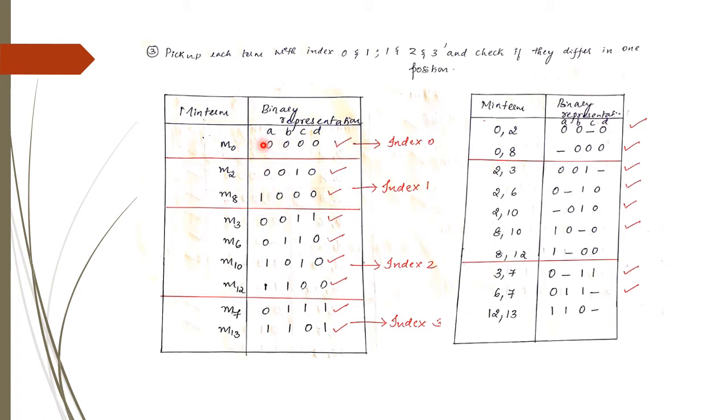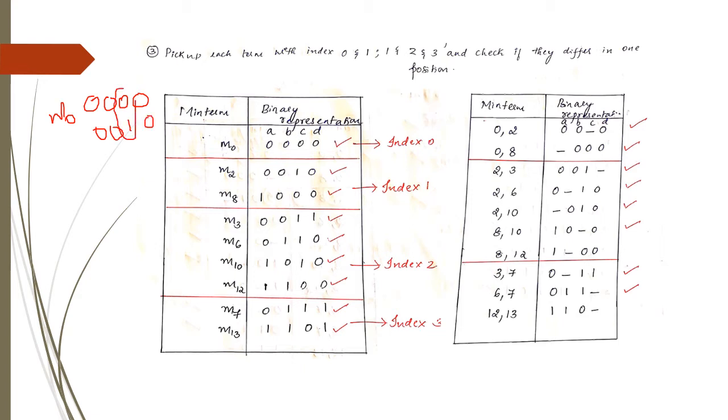Each minterm is checked for whether they differ by 1 bit position. For example, if you check M0 and M2, you have M0 as 0, 0, 0, 0 and M2 as 0, 0, 1, 0.